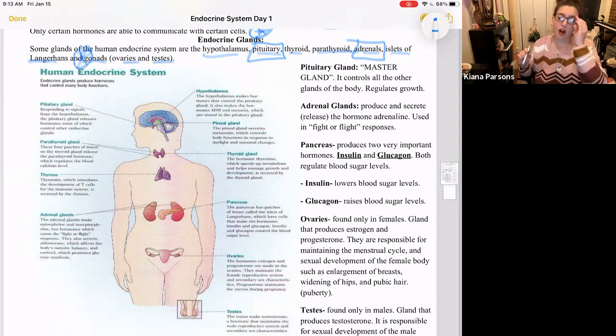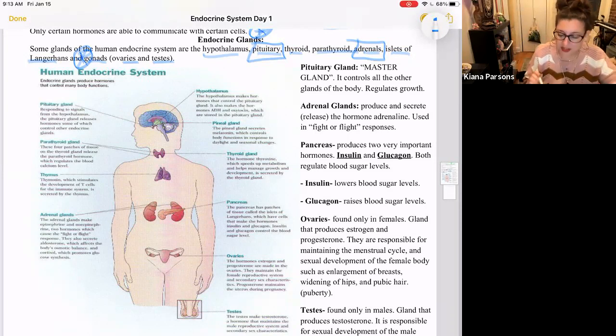Hopefully you already know what those are, but we will continue to discuss the gonads when we discuss the reproductive system in Unit 6. And remember, the ovaries and testes are both involved in the reproductive system, but they also produce hormones. So that's what makes them endocrine glands.